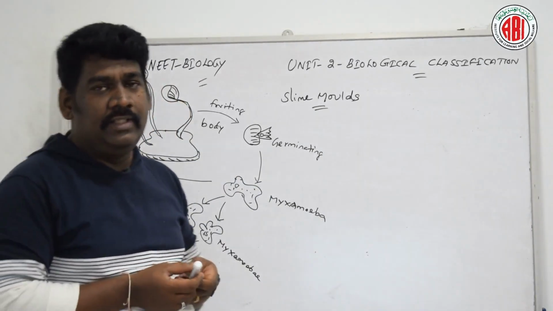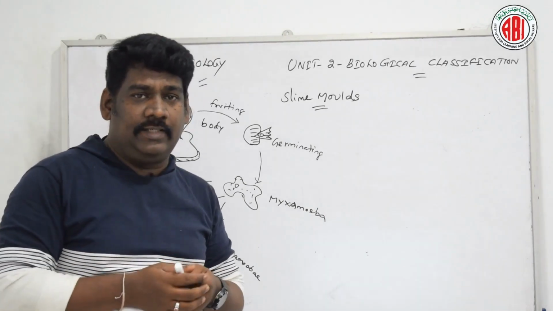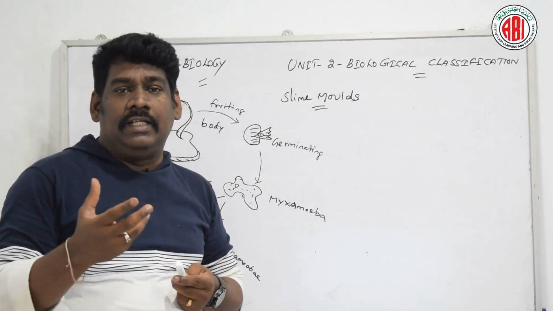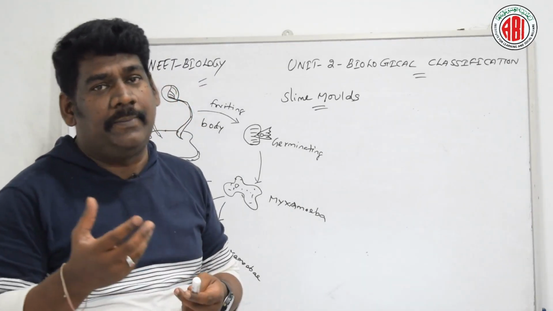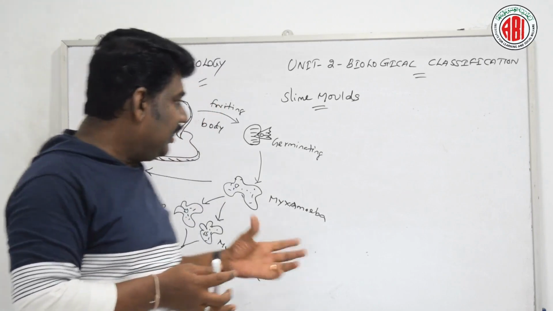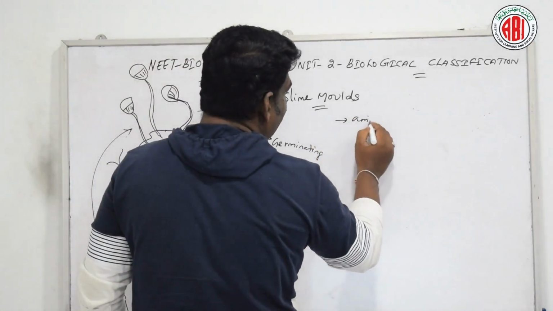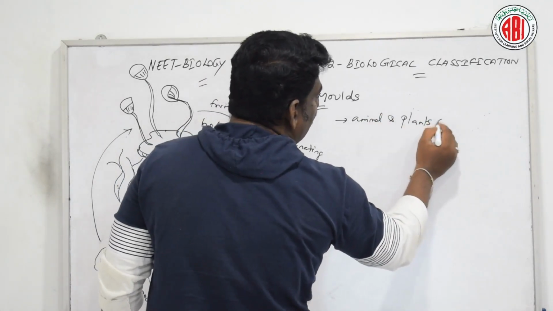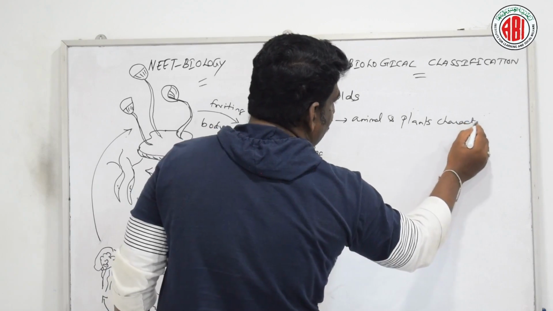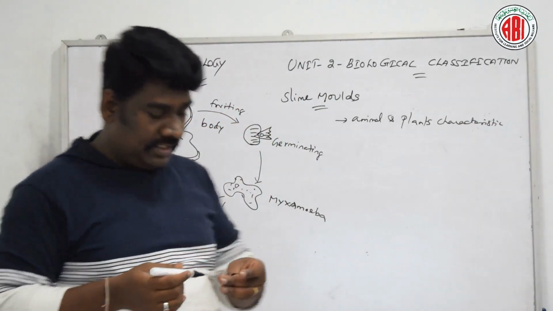For example, they have vegetative propagating stages, and these vegetative propagative stages resemble plants. So the organism possesses both animal and plant characteristic features.